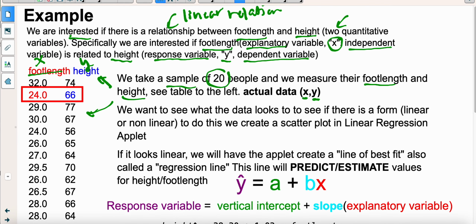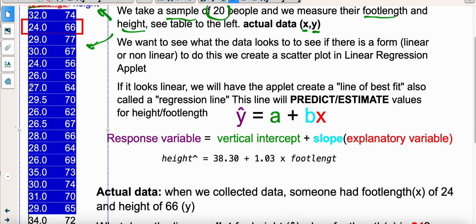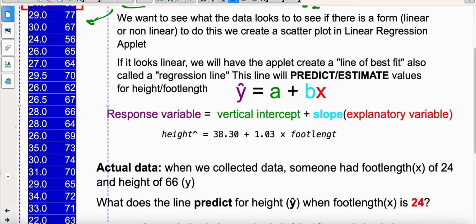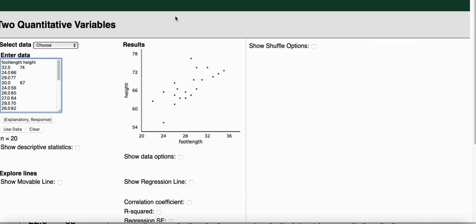So what we can do is, when you're in Lumen, you can just cut and paste your data. And if you go into Rossman Chance, what you would do is you would clear your data.